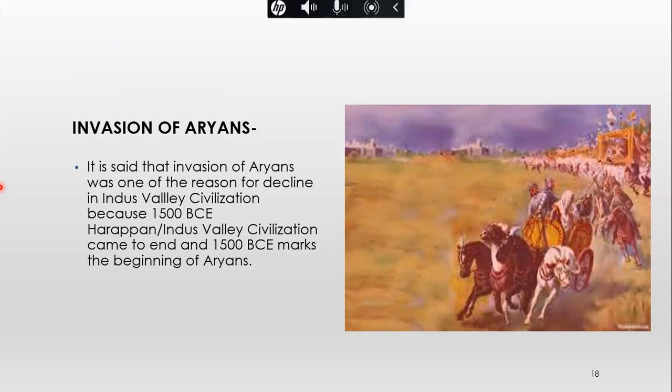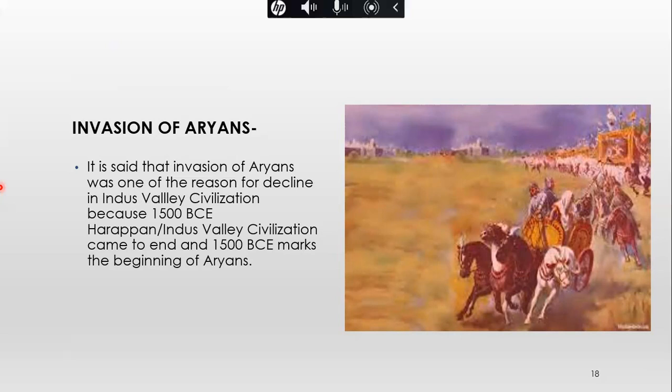Elements of the Indus Valley civilization are found in later cultures, which suggests the culture did not disappear suddenly due to an invasion. Because when they did the excavation, they came to know that there weren't any warlike artifacts that showed that the Indus Valley people were engaged in war or battles. They were a very calm civilization.